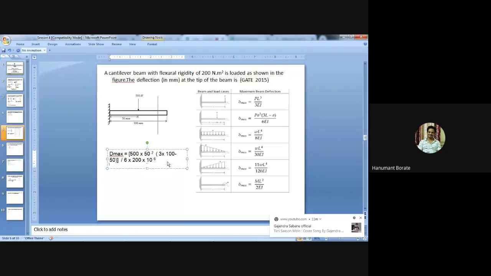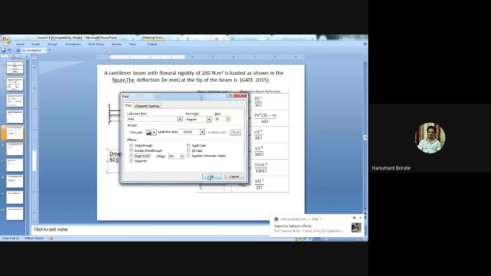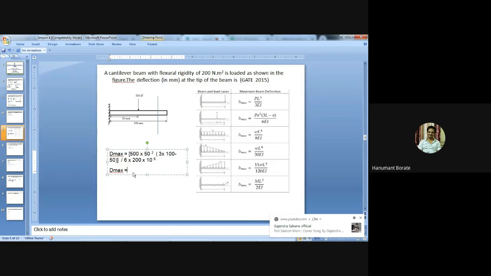So this will be the maximum deflection, or we can say the deflection at the end point B. D max equals, now calculate 3L minus A: 300 minus 50, 250, into 500 into 50 square, divided by 6 into 200 into 10 raised to 6. So we get the deflection 2.60 mm.